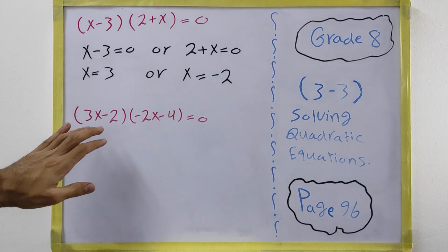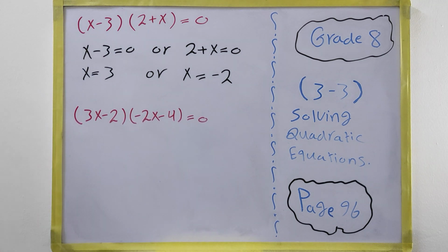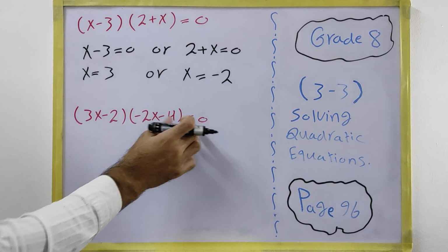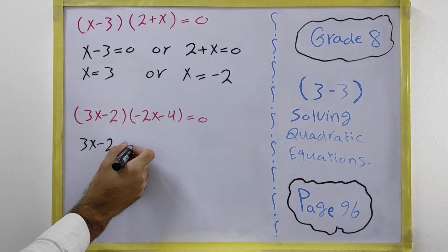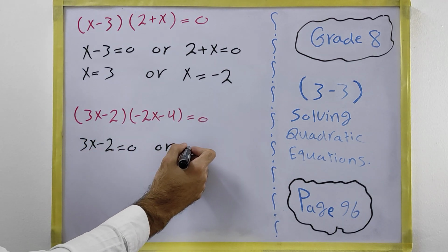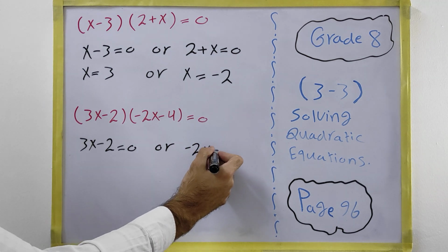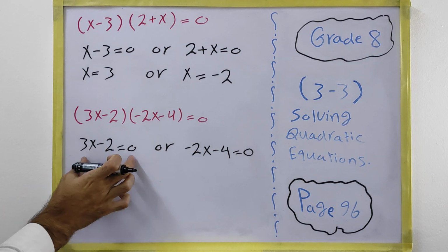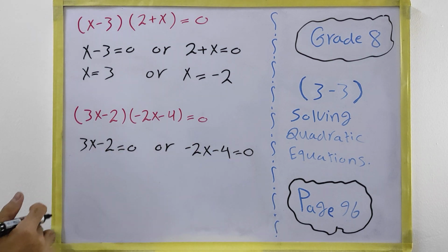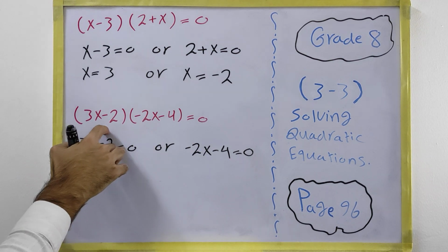The same for the second one. We have this bracket multiplied by this one equals 0. We would say 3x minus 2 equals 0, or negative 2x minus 4 equals 0. We solve this one.